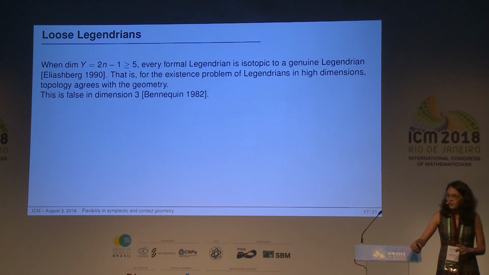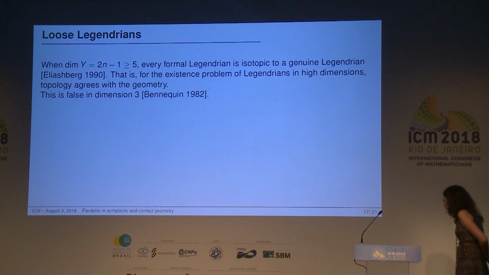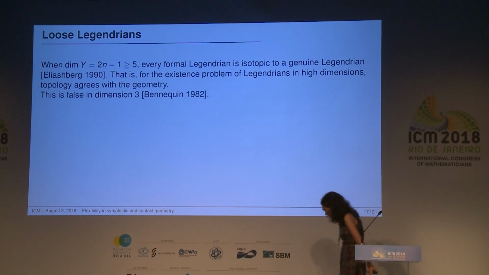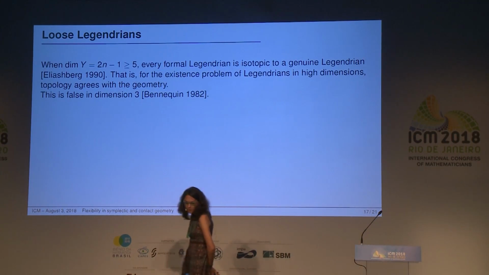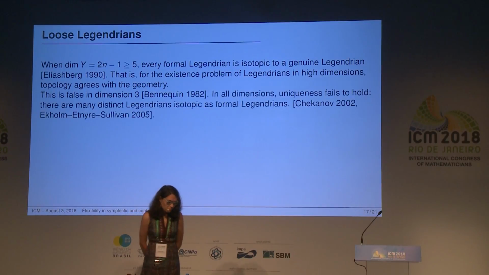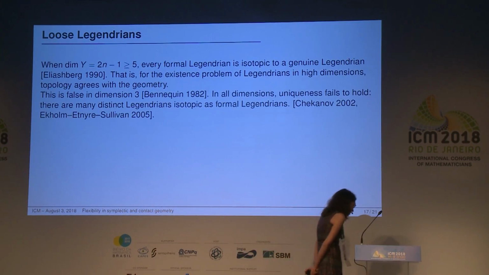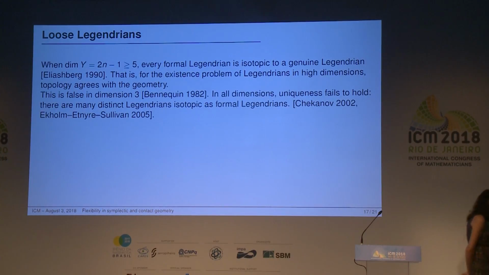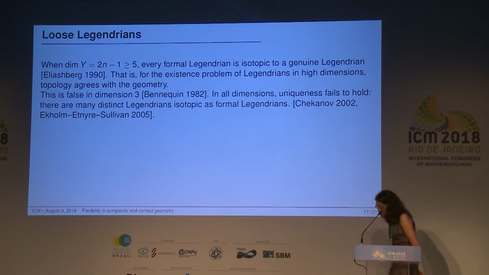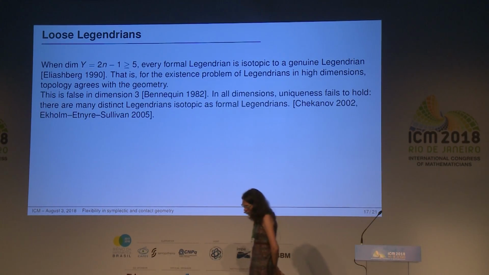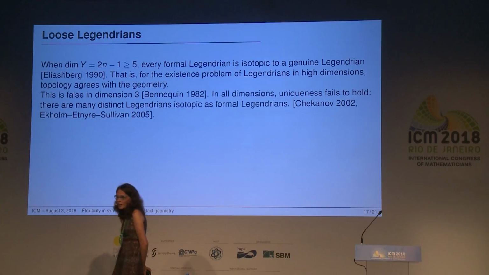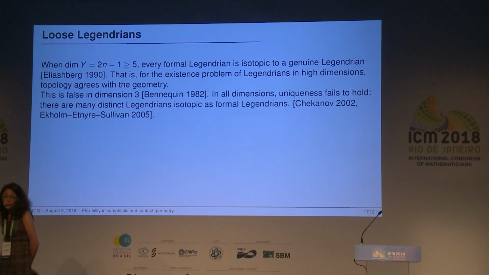This is really the first rigidity result anywhere in contact or symplectic geometry. And also in high dimensions as well as low dimensions, uniqueness never holds of Legendrian isotopy types within their formal isotopy type.